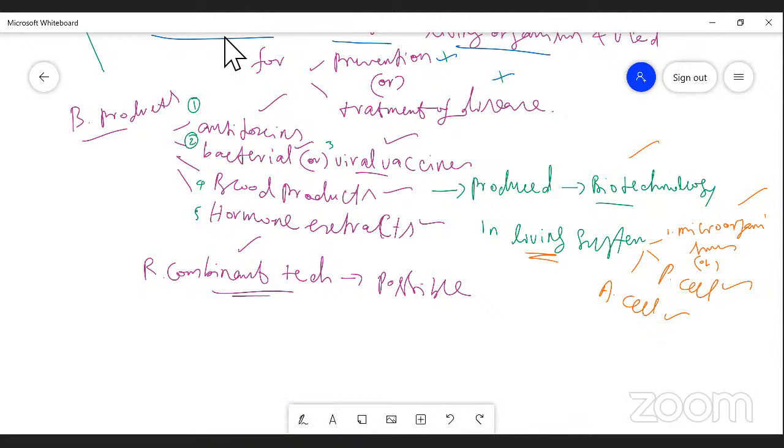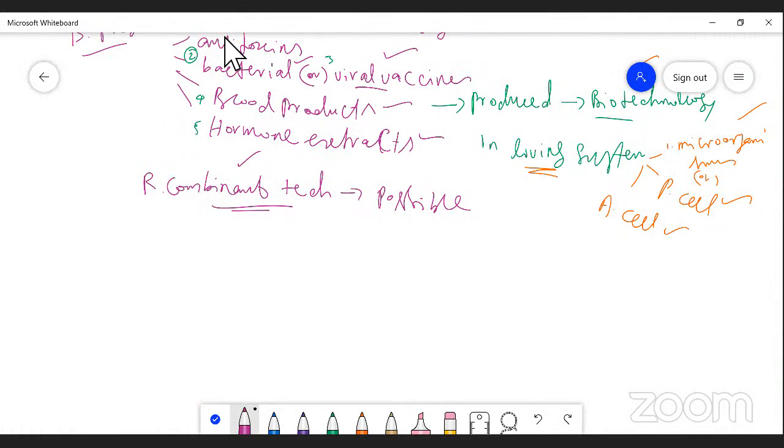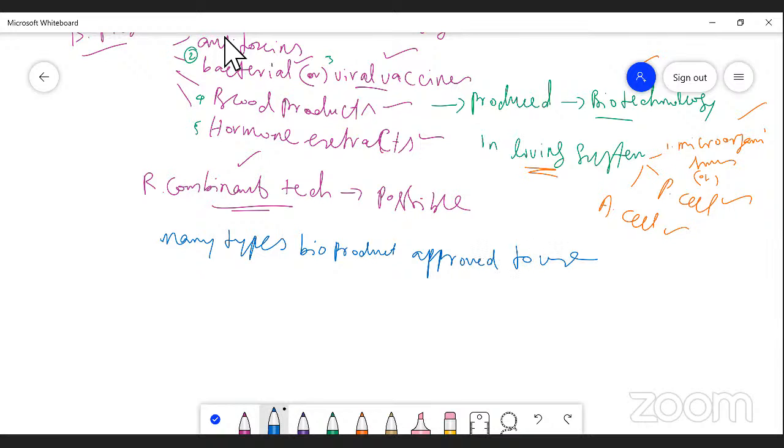Many types of bioproducts are approved for use. What are the bioproducts approved for usage? One is therapeutic protein, the protein which is used for treatment.